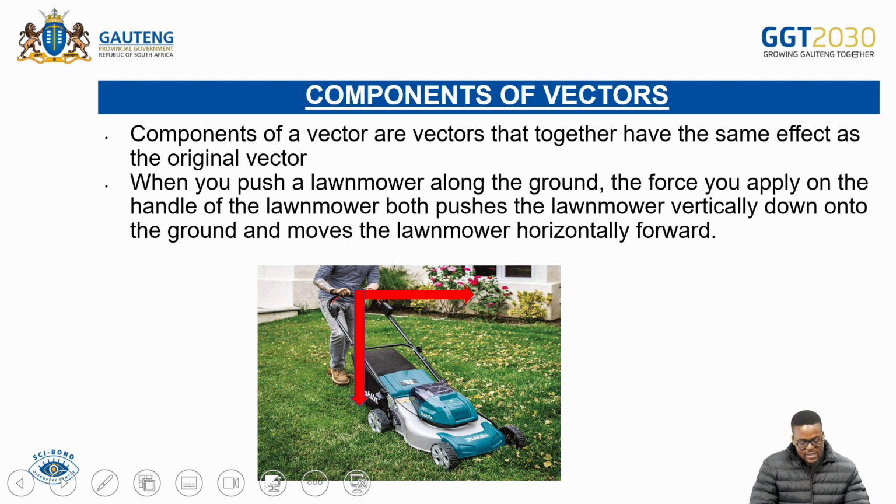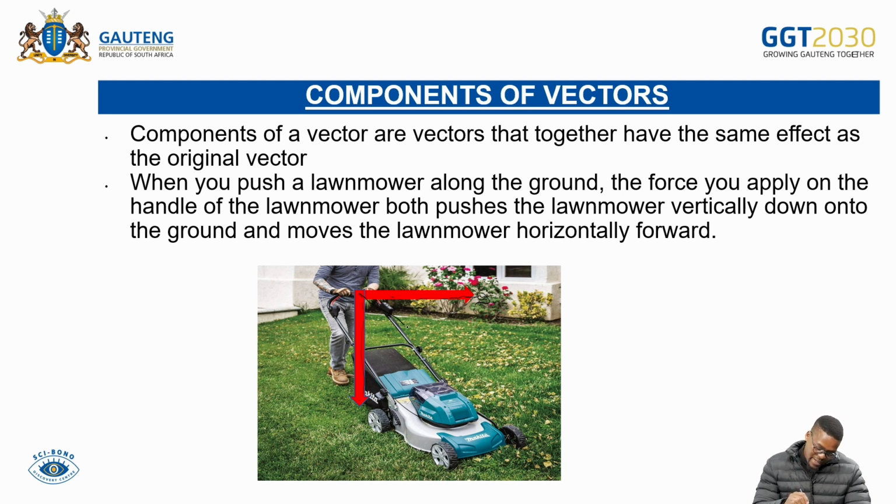That force has two components: a vertical component and a horizontal component. So the lawnmower here is pushing, and there's this force which is pointing to the right. This one is a horizontal component, and here you've got a vertical component.